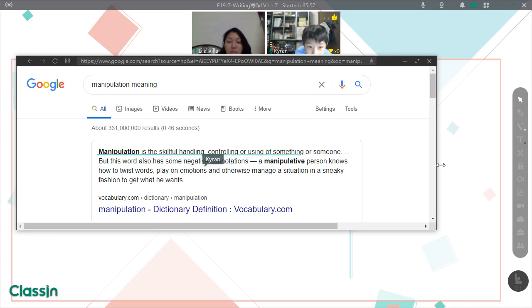Manipulation is the skillful handling, controlling or using of something or someone. But this word also has some negative connotations. A manipulative person knows how to twist words, play on emotions, and otherwise manages situations in sneaky fashion to get what he wants. What do you think of that?